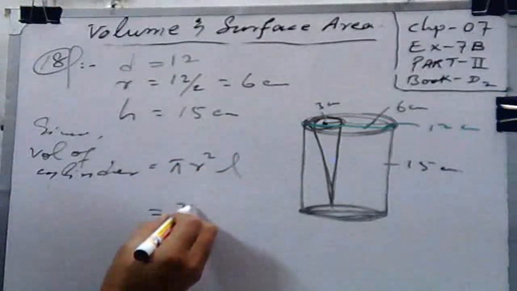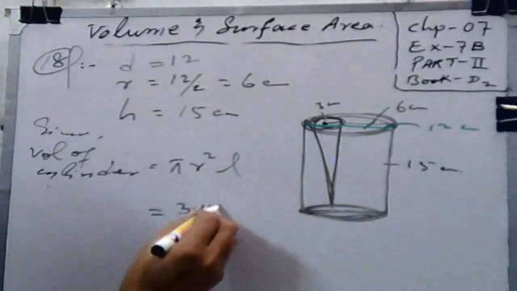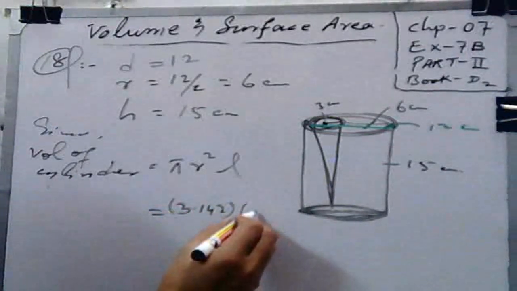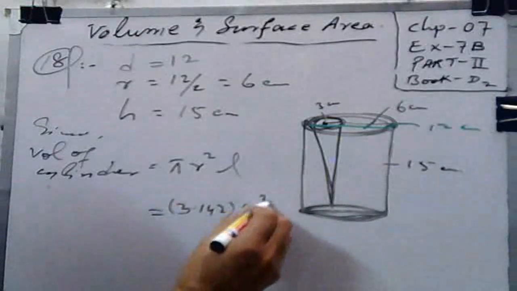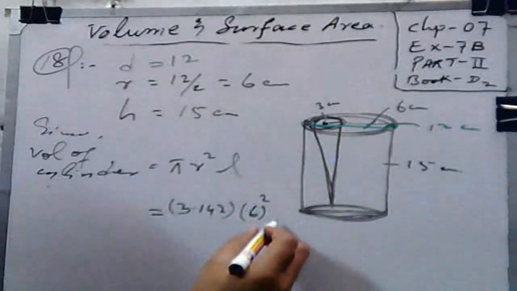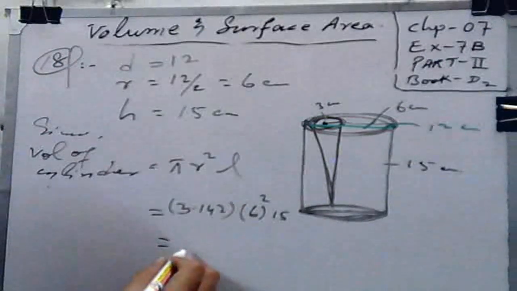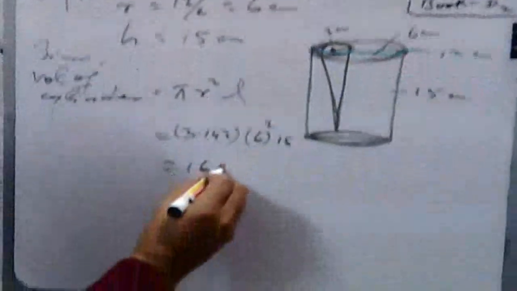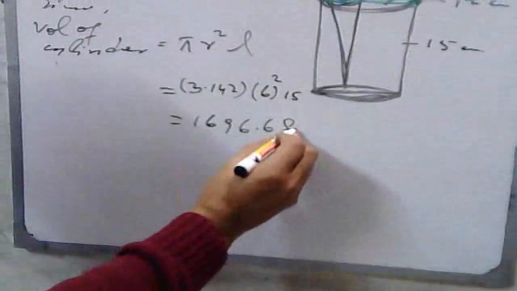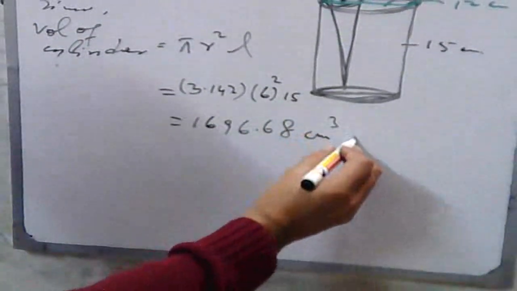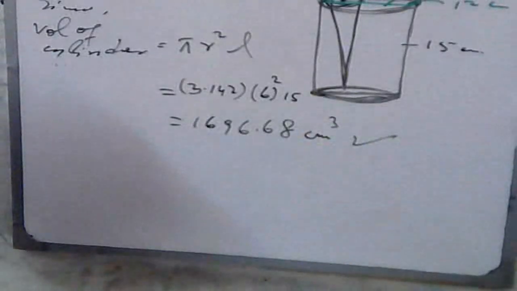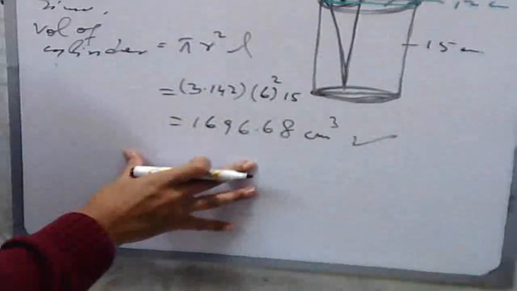The value of pi is 3.142 and r is 6, h is 15. After multiplication, you will get 1696.68 centimeter cube. That is the volume of the cylinder, the full volume of the cylinder.